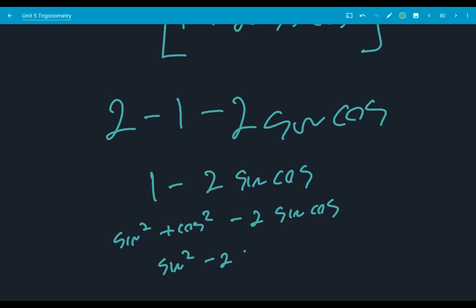Sine squared minus 2 sine cosine plus cosine squared. And all of you doubted me and wondered why we were doing such basic stuff. Because it comes back in a more complex form. So this is a squared, this is b squared, and this is 2ab. So we can say sine minus cosine, squared.